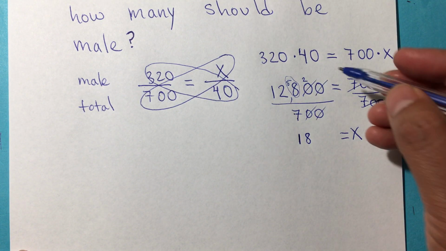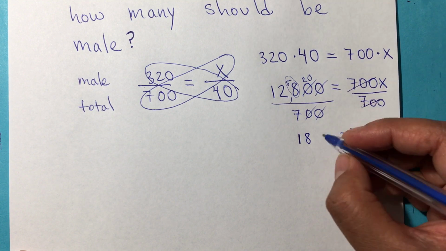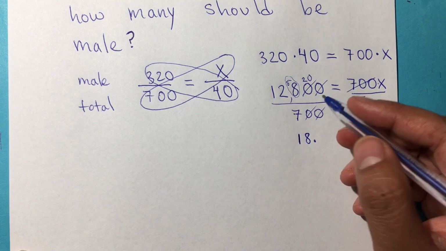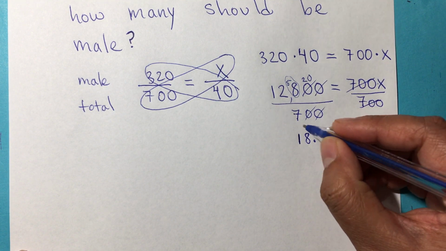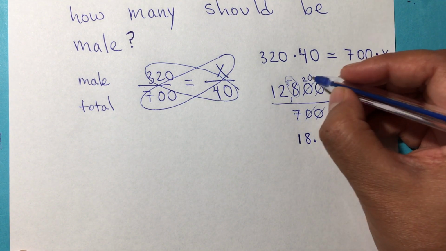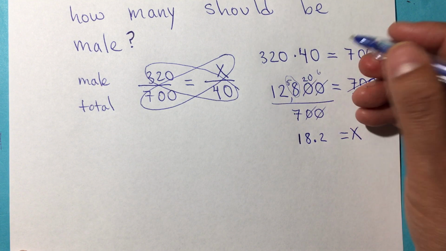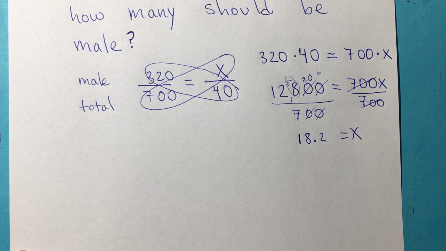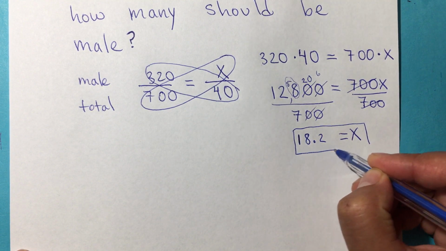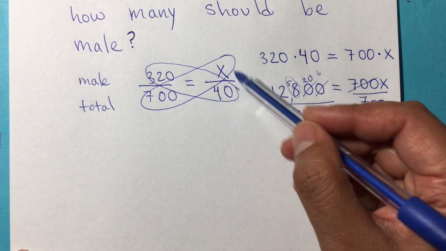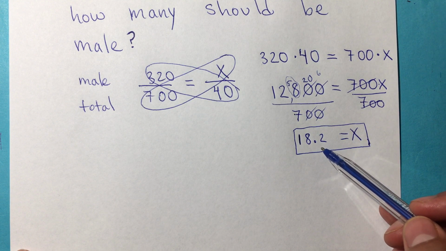That's when you add a 0 that doesn't exist and you put a decimal. And how many times does the 7 go into 20? It goes 2 times. 2 times 7 is 14. To 20, you have 6 left. And it can go on and on and on. So the answer is about 18.2 people in the sample who will be male.